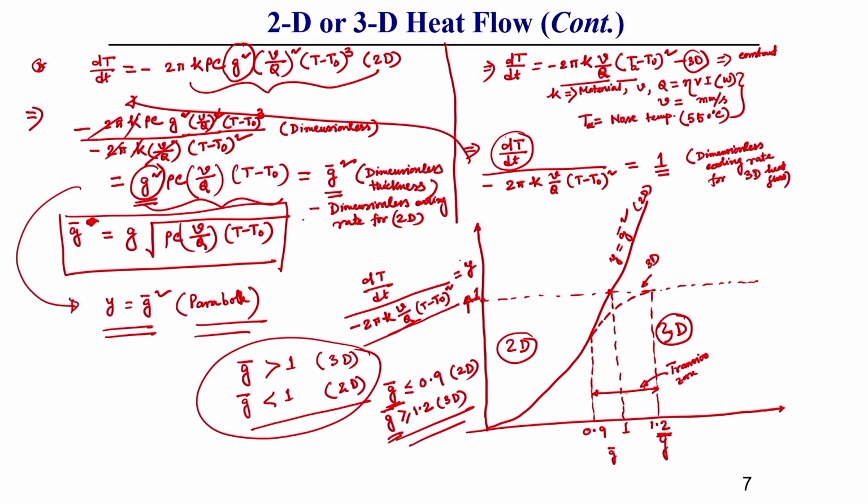If it is left side of this G bar point 1, there you can consider generally 2 dimensional types of heat flow equation. This is called transition zone, this you should keep it in mind. So, why is this general transition zone considered? Because in this zone you can use either 2 dimensional types of heat flow equation or 3 dimensional types of heat flow equation, this you should keep it in mind.